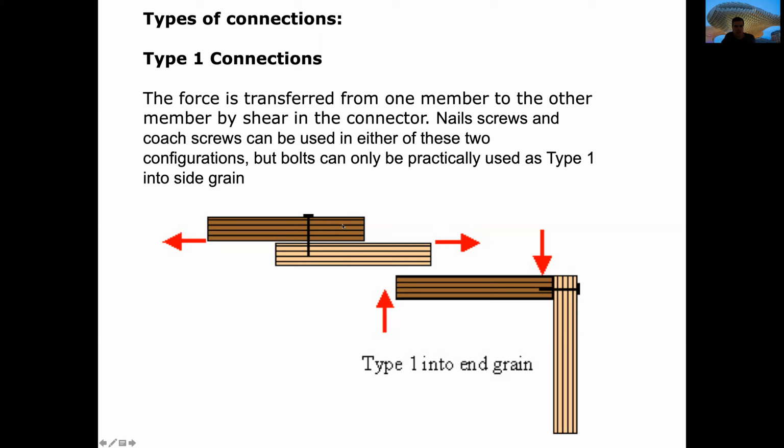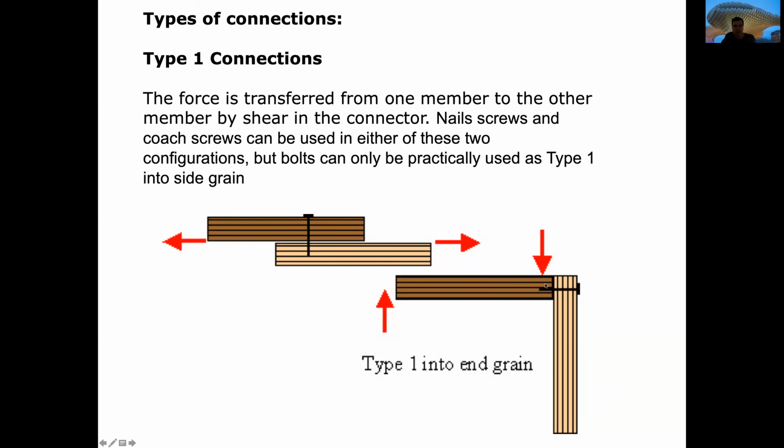One is darker and the other one is a little bit lighter. And we can see that the forces that are trying to separate those elements will create some kind of movement between them related with shear. One will slide on the other.